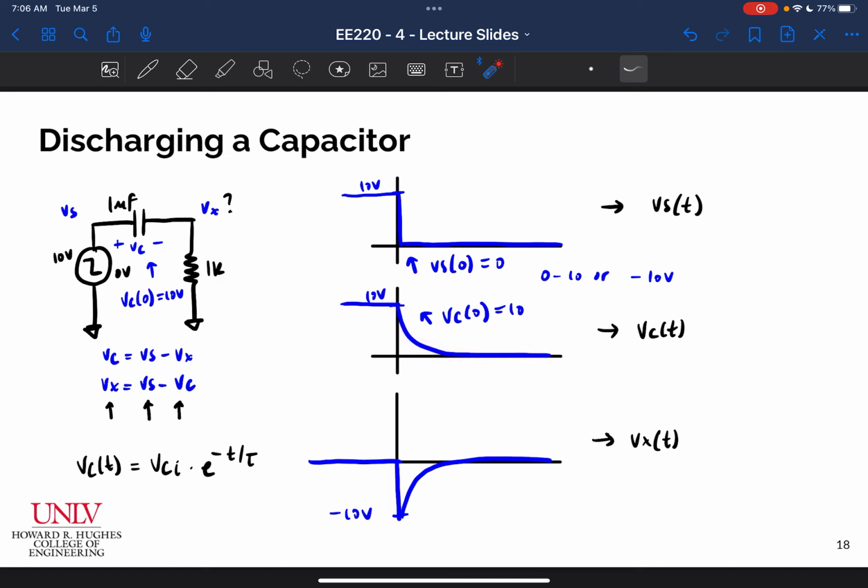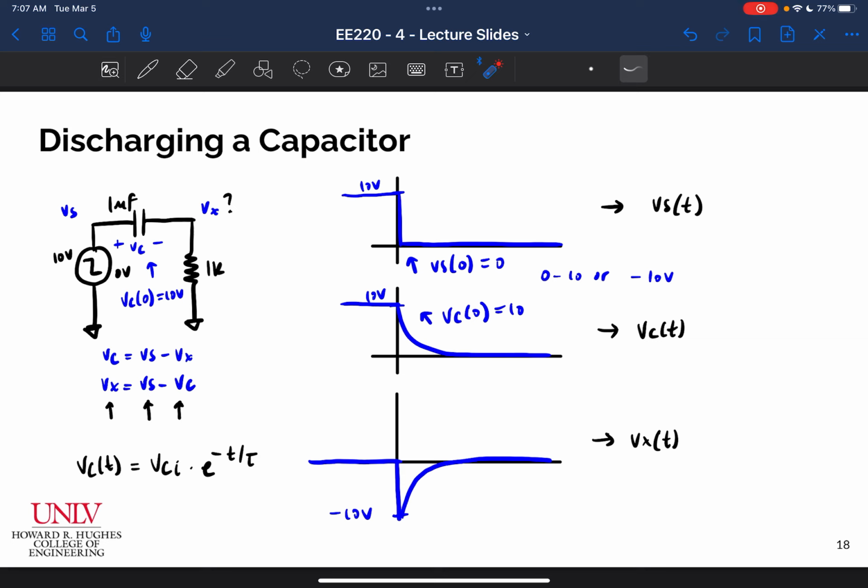But it's this first instant where VS pulses down to 0, so VS at time 0 is 0 and VC at time 0 is 10, that we get this node to shoot down into the negative voltage range, and then bleed its way back up to 0 as the capacitor discharges. In the final state, the capacitor voltage is 0 volts, VX is 0 volts, and VS is also 0 volts. Everything's discharged, and all the energy has been removed from the capacitor.